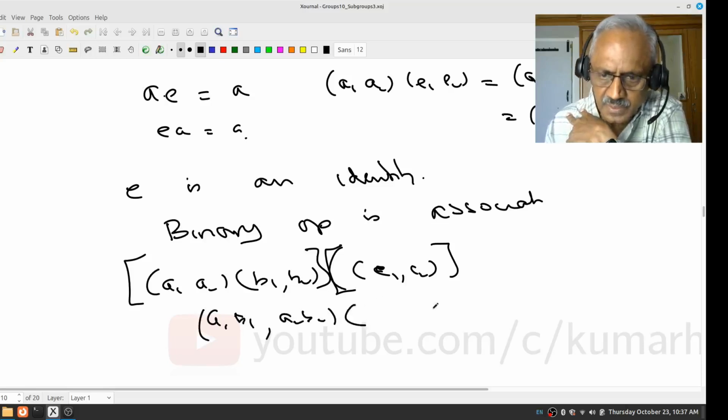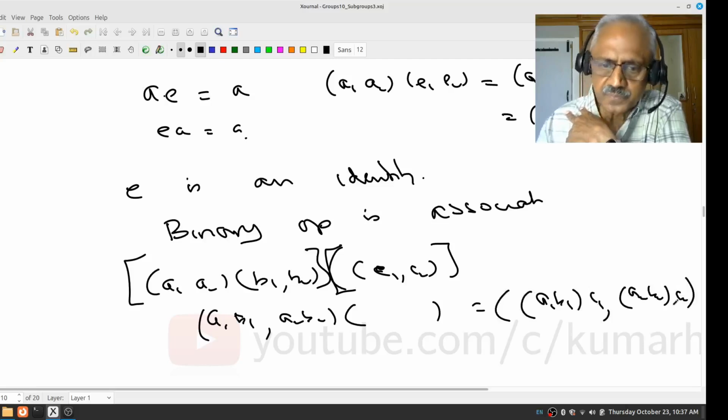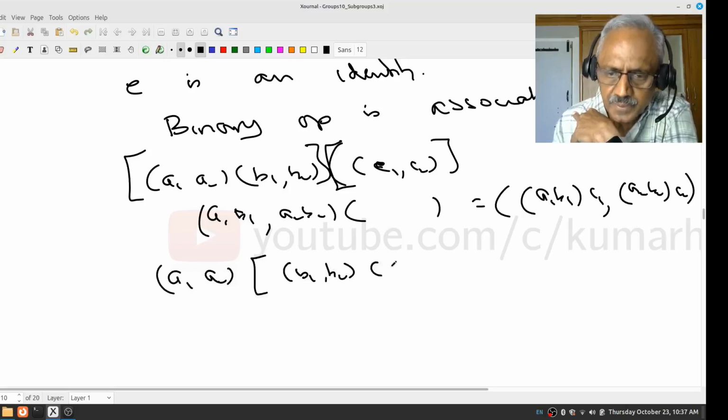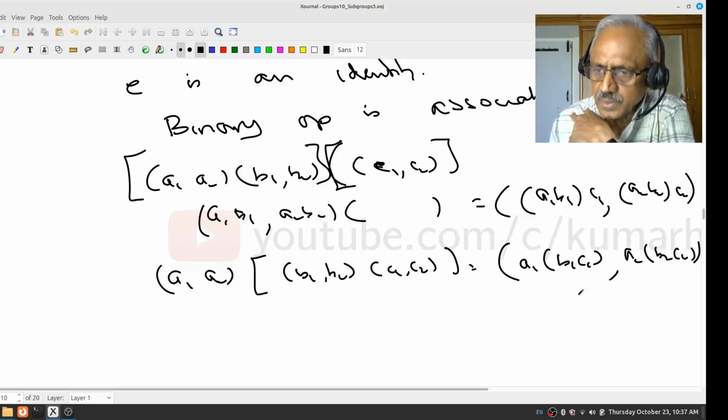That will give me (A1 B1 C1, A2 B2 C2). And the other way around, you can do (A1, A2) with (B1 C1, B2 C2). That will give me (A1 B1 C1, A2 B2 C2). Both are elements of G1 cross G2.